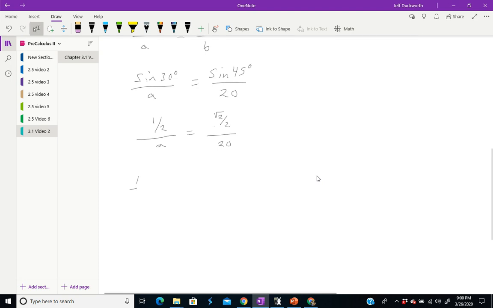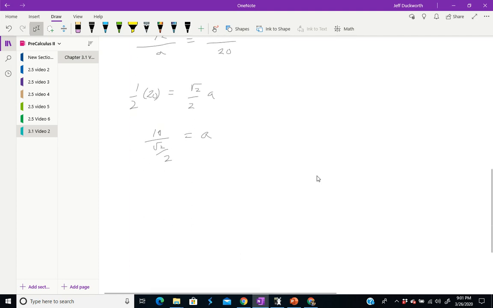And we get 1/2 times 20 equals root 2 over 2 times A. So that gives us 10 over here. So 10 divided by root 2 over 2 is equal to A.